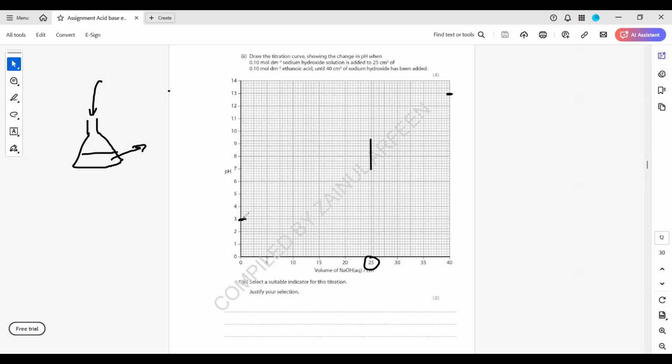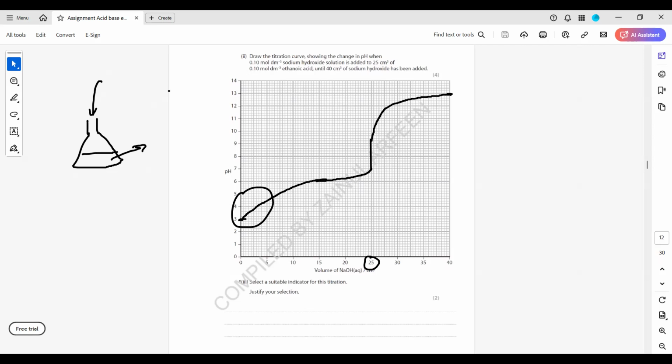So it's the same graph we'll plot. Then we'll have a buffer region here, and then a vertical region. So these are the points we included. The important part is that when you draw, you have to learn which region the vertical part falls in.